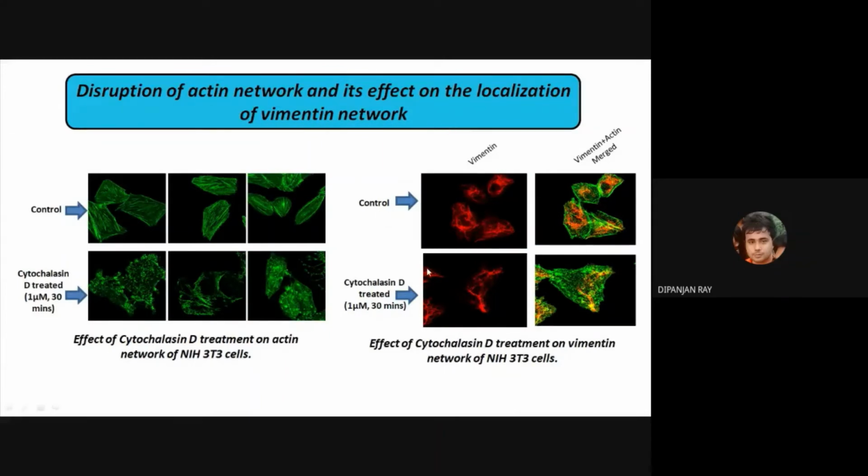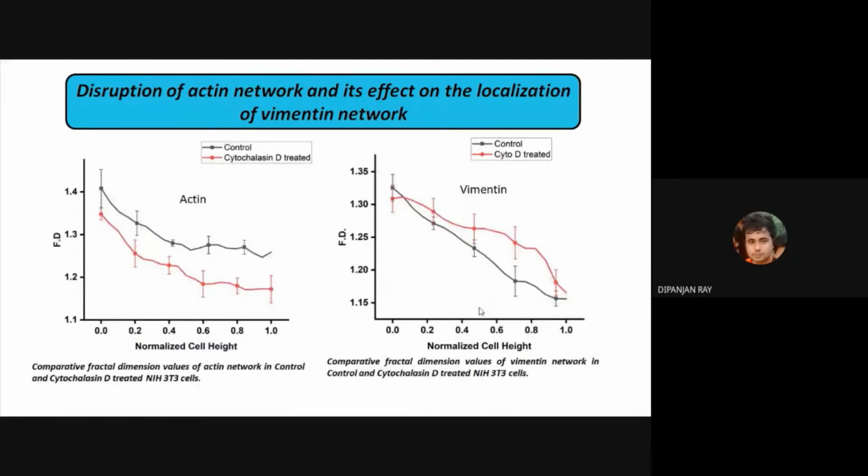From this image of the vimentin network, we can see that in the control group of cells, the vimentin is mostly nucleated towards the nucleus, and it is not very well spread towards the periphery of the cell. But after cytochalasin D treatment, the vimentin network also spreads towards the periphery of the cell. Once again, to quantify these two phenomena, I calculated their FD values.